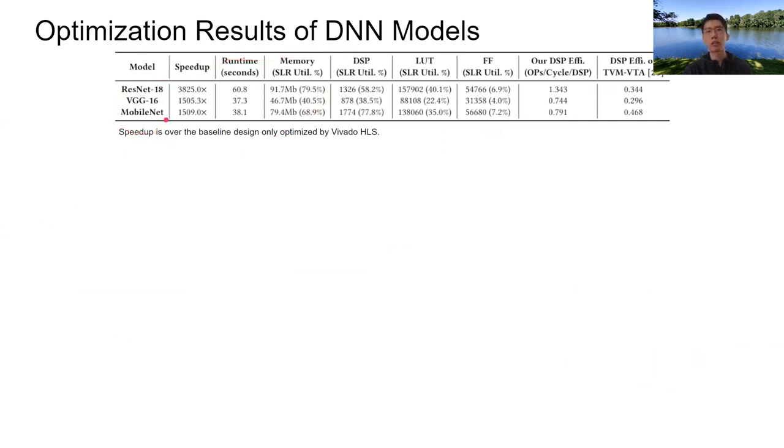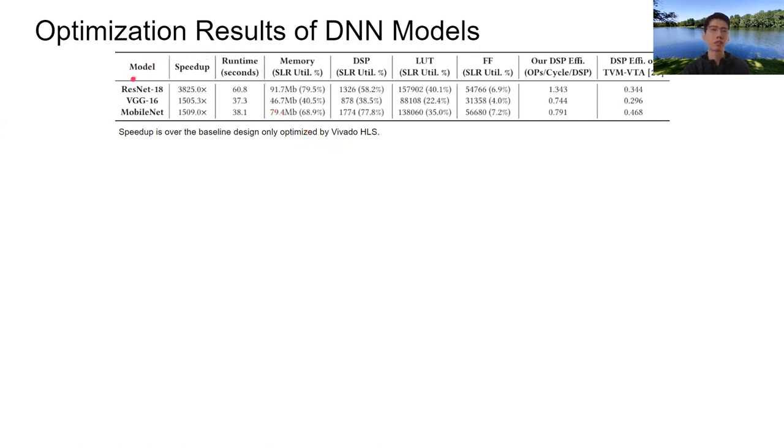Basically, we pick 3 PyTorch DNN models and pass the PyTorch models into ScaleHLS and apply the graph, loop, and directive optimization passes to the DNN model, and finally generate synthesizable C++ code and pass it to downstream HLS tools to generate the RTL. And here, the speed up is also over the baseline design, which is only optimized by the HLS.